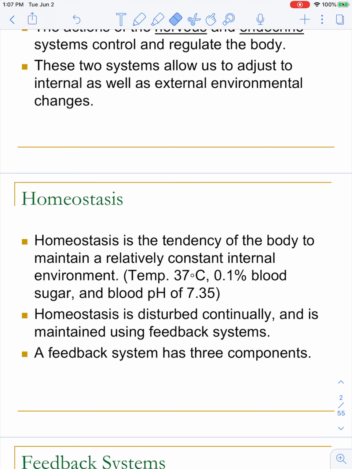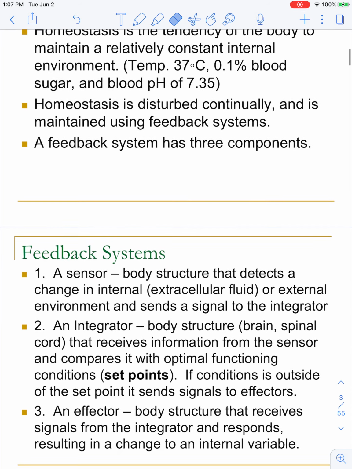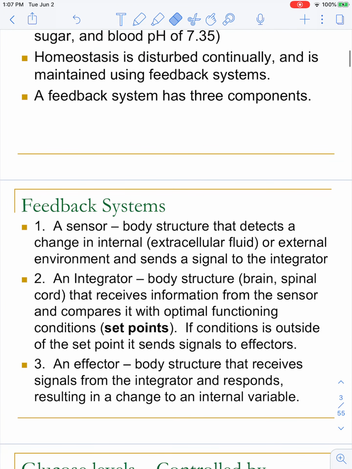So the way this works is feedback systems. A feedback system has three components. First, a sensor. And tomorrow I'll give you a little video on the senses, where we're going to talk about all the different senses we use.